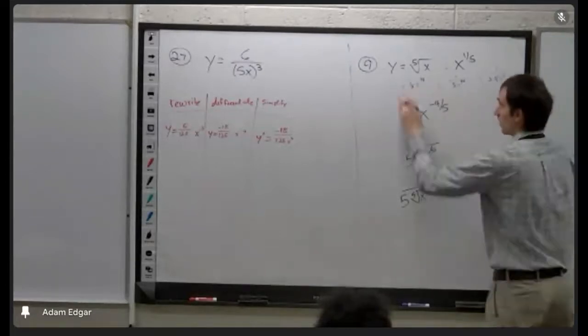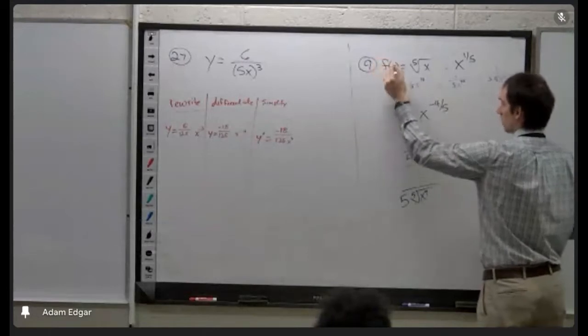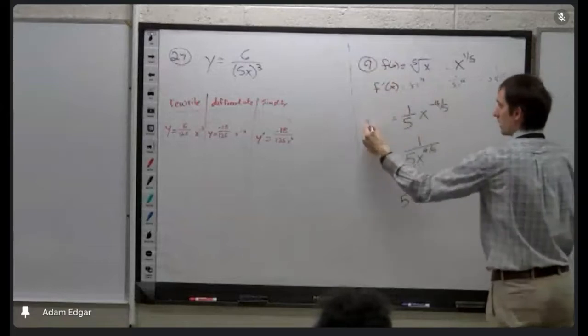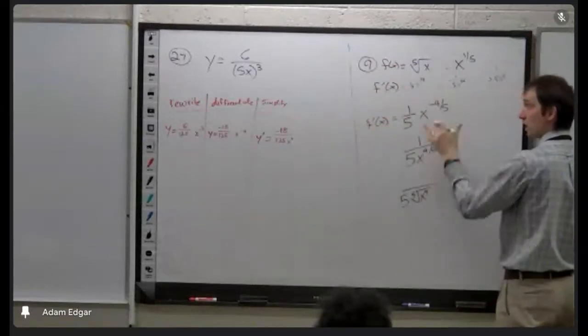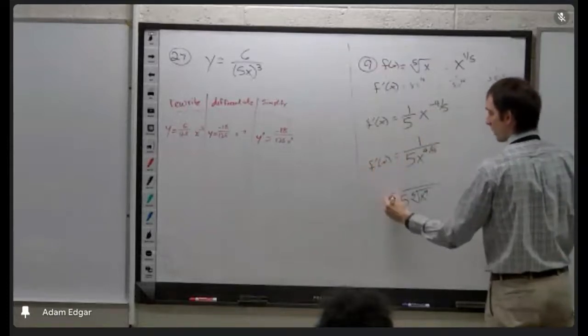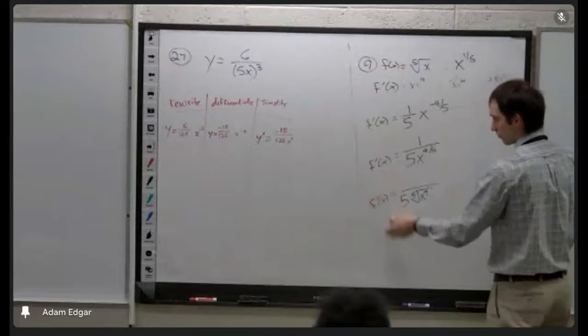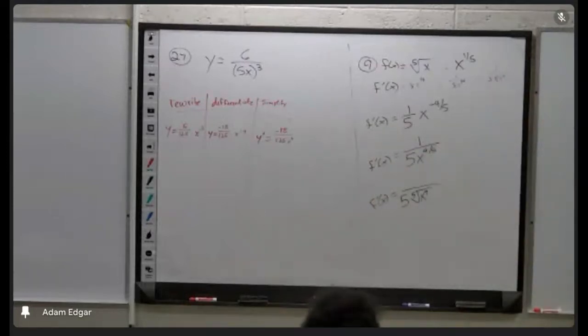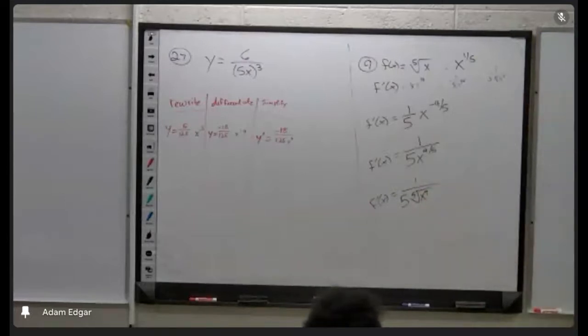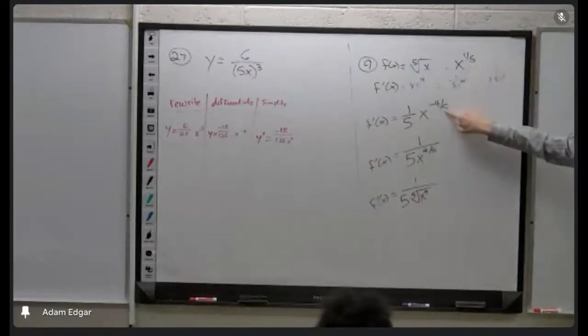You've done your power rule, that's now the derivative. So all of these should be labeled as f prime of x. It takes all of about 2.5 seconds to write down the label, and it's important to have that. So there you go. And make sure you're really good at subtracting by 1. So 1/5 minus 1, negative 4/5. That's where that's coming from.